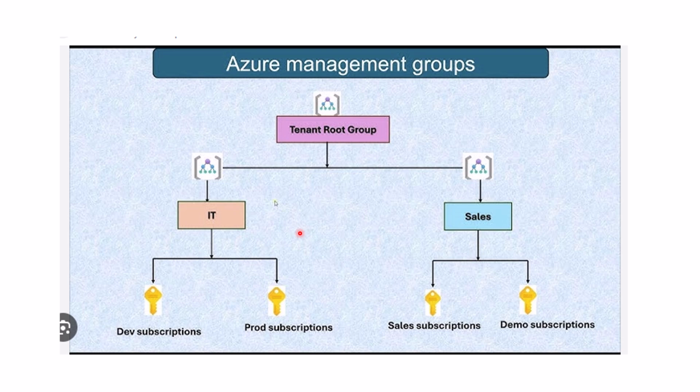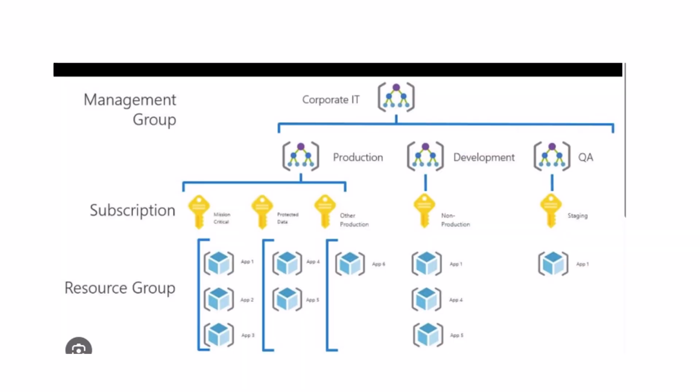This is another example. Again, there are a number of ways in which this can be done, depending on the company and its policies. It is common, for example, to have a production subscription and a dev subscription, like in this case.